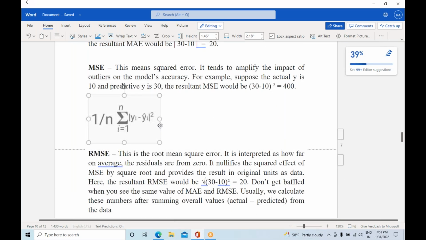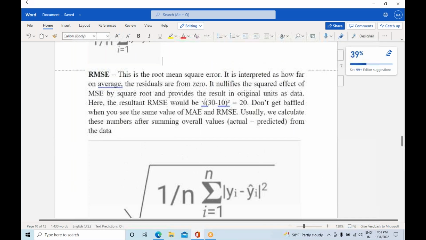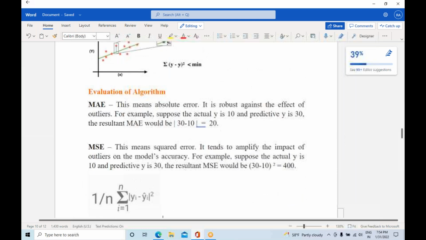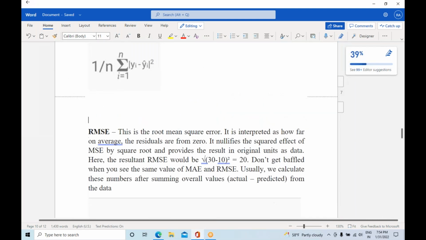So this is mean absolute error and mean square error. Now we have one more evaluation algorithm to find out the best fit line, that is RMSE. RMSE in the sense root mean square error.